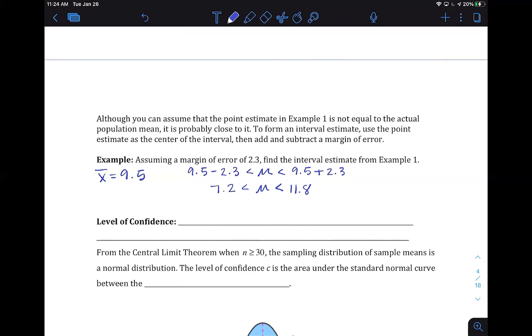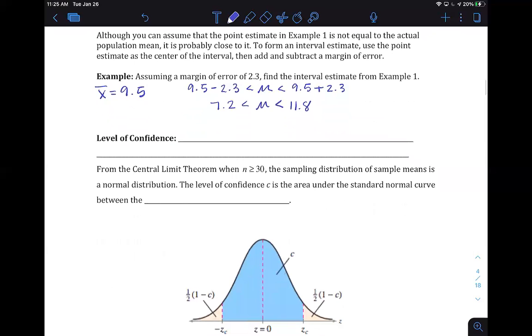All right, so the level of confidence. We can find very wide intervals or very narrow intervals for the population mean. It's all based off of our confidence, which is based off of our z-scores.